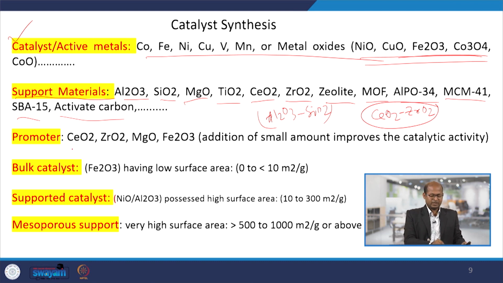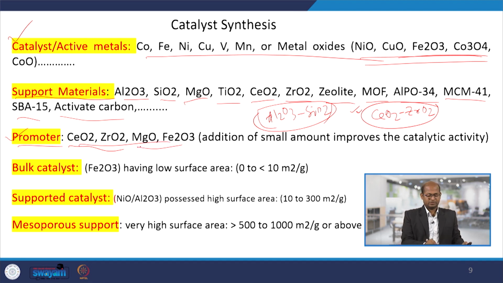In a supported catalyst, the support is used in large quantity, maybe 70%, 80%, 90% in 1 gram or 1 kg of catalyst. Sometimes these materials are used in very small quantity, maybe 5%, 2%, 1%, and then those metal oxides act as a promoter.